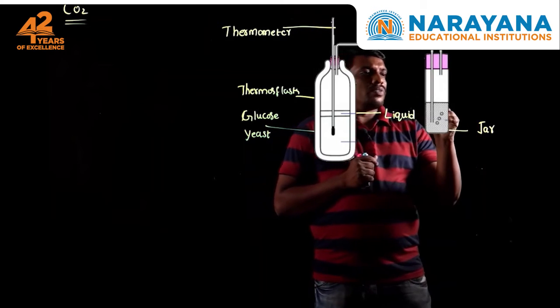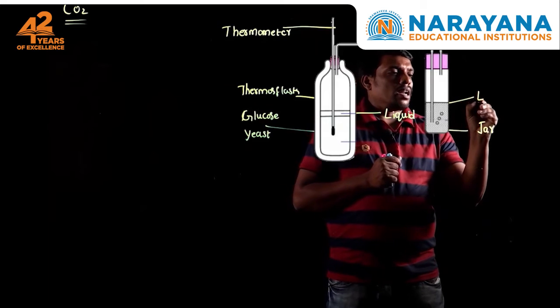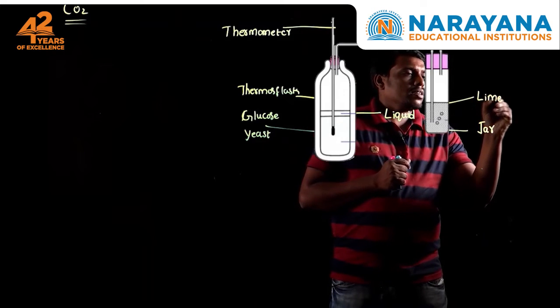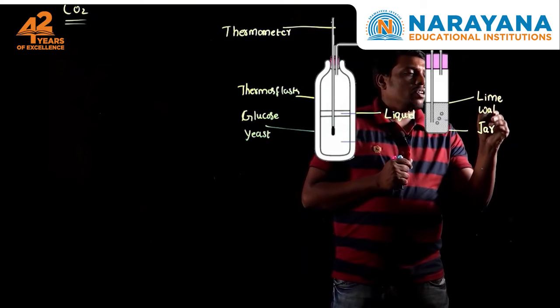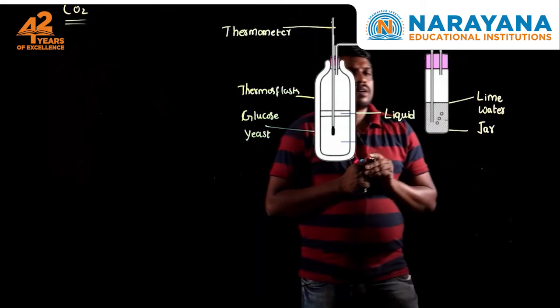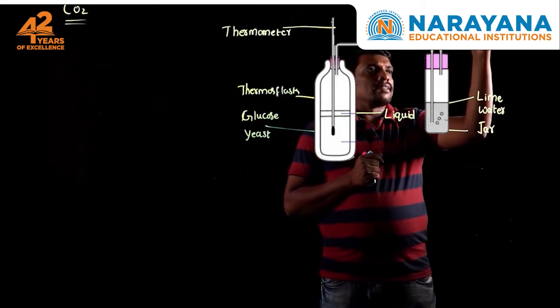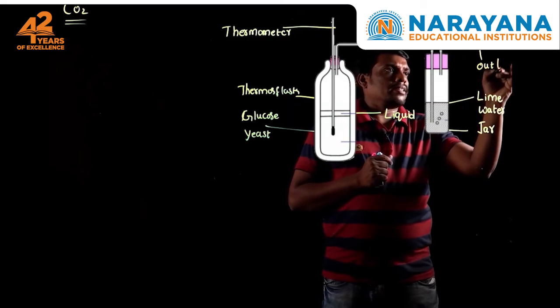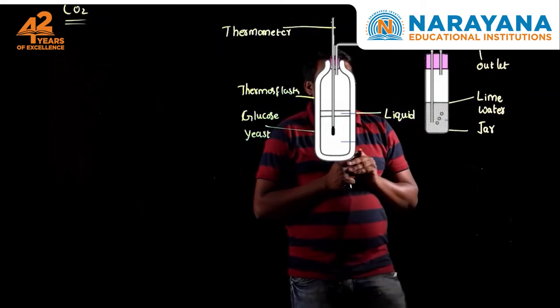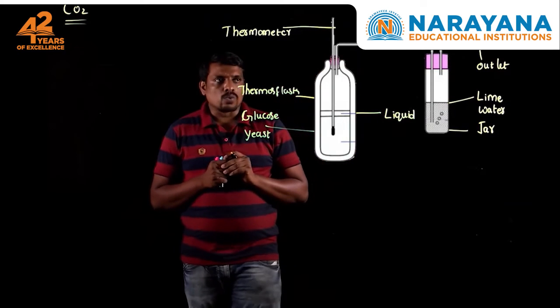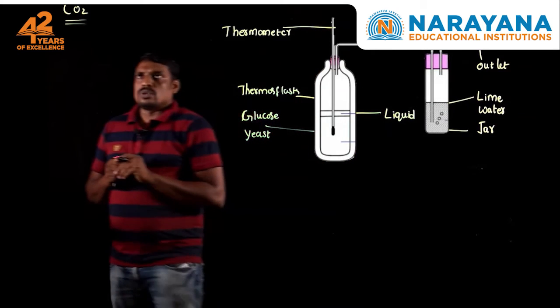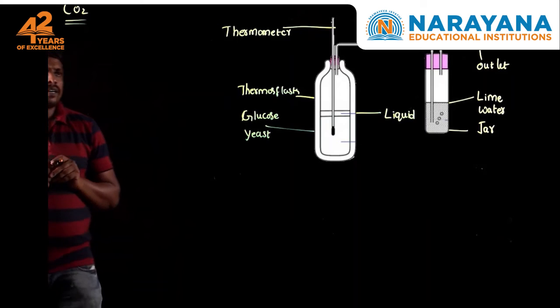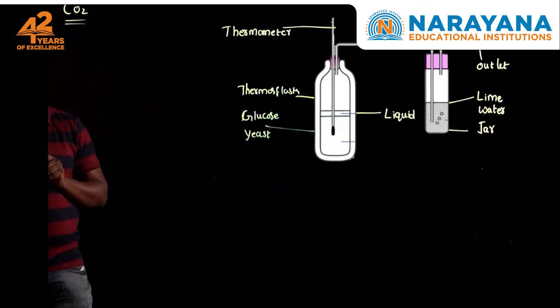Inside this jar, we have to take lime water, and there is another outlet. You can see here, there is another outlet through which carbon dioxide can move out. So these are the materials which we require for this experiment.